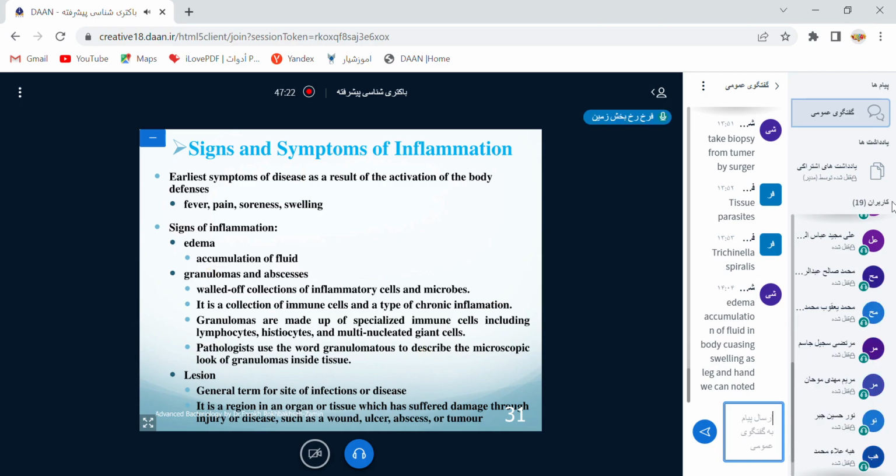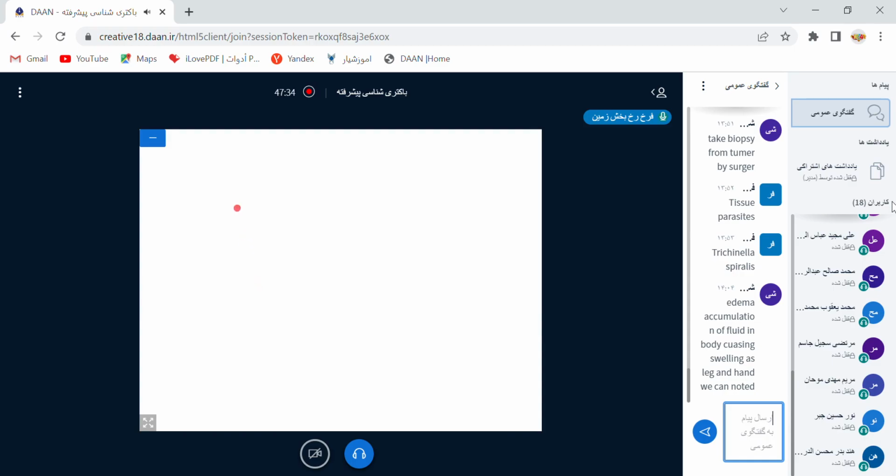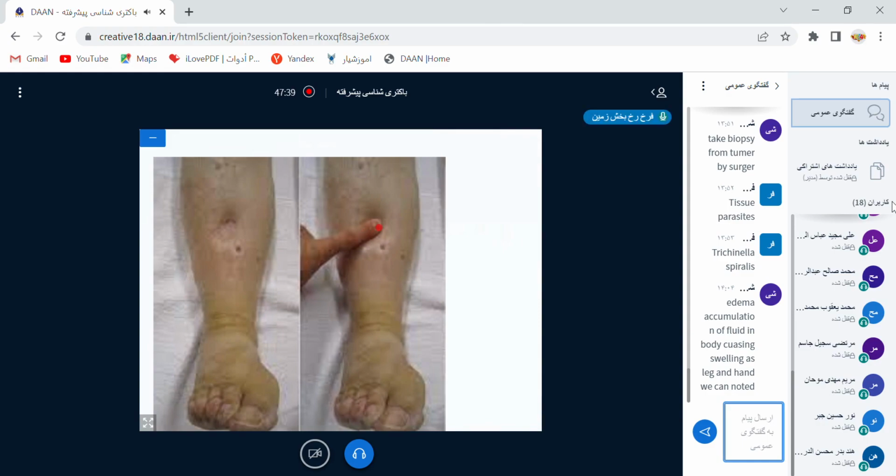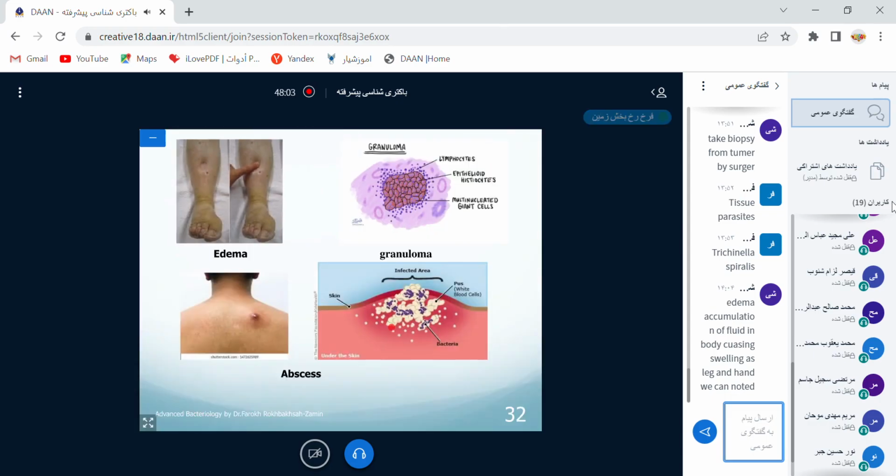Edema, accumulation of fluid in the body causing swelling, as in leg and hand, we can note it. For example, in this page you can see it is edema. If you put your finger in a place of edema, for many minutes your finger point remains there. So very easily we can understand the presence of edema.